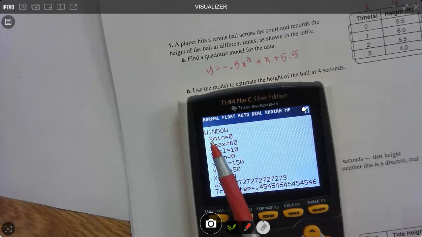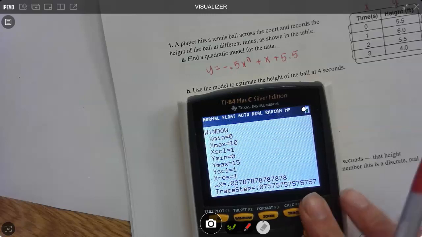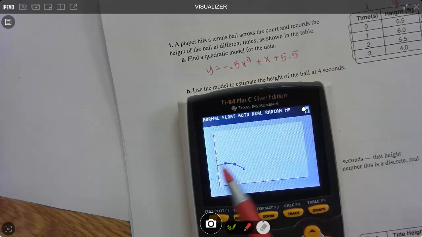So now I'm going to make my window 0 maybe to 10, and then 0 maybe to 15. And I see the pathway for the flight of the ball.